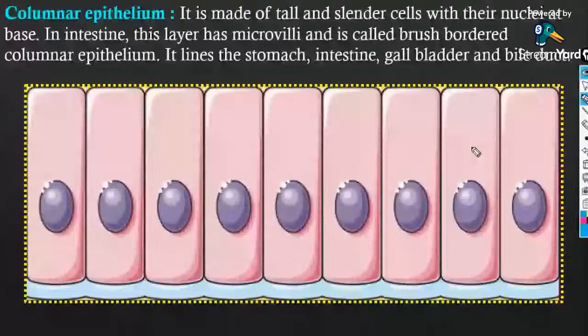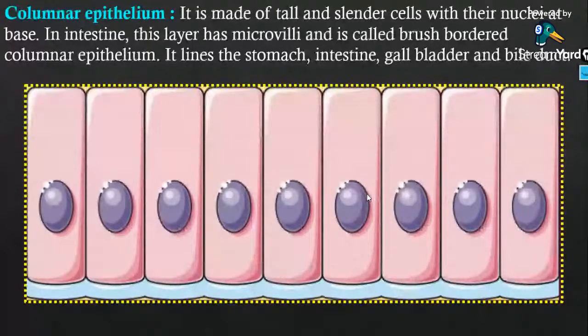So you know what columnar epithelium is. You're not hearing that for the first time, right? ICSE students have studied exactly like this. Yes, I still remember all these things which I used to study there.